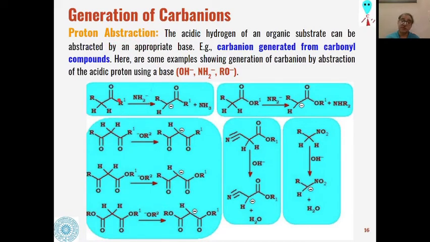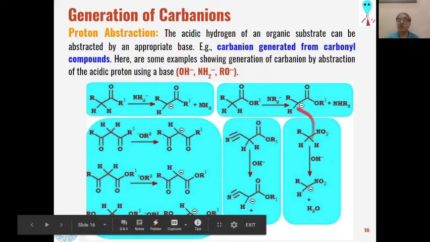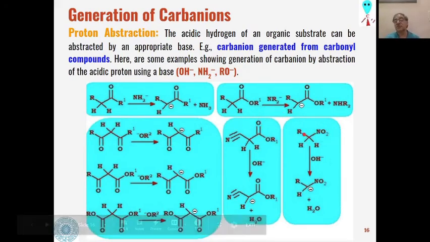The only condition for proton abstraction is that there must be a group present which will facilitate the abstraction of that proton, and generally that group is a carbonyl or any other electron withdrawing group present adjacent to that carbon which has the acidic proton.